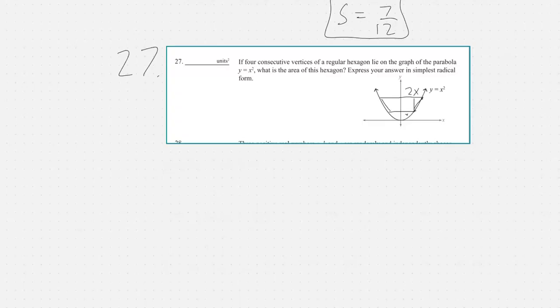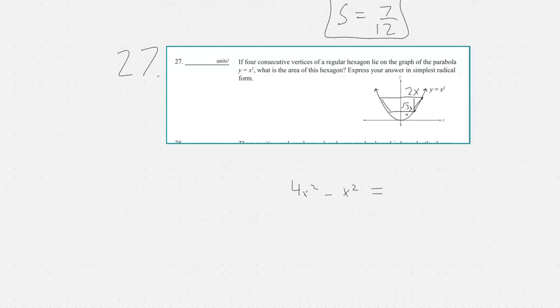So then 4x squared minus x squared, and then this is the difference in y. This is equal to the hexagon's diagonal, which is 2x, yeah, root 3x.